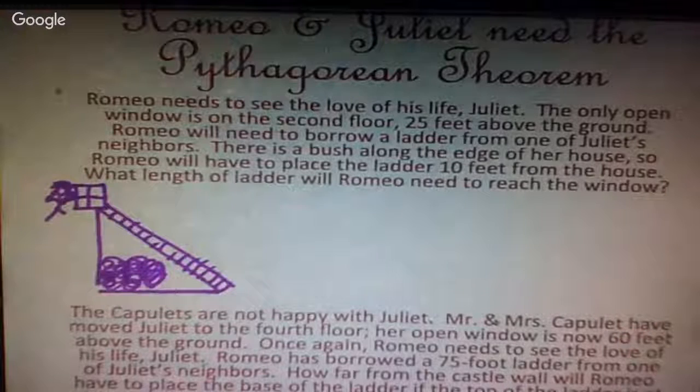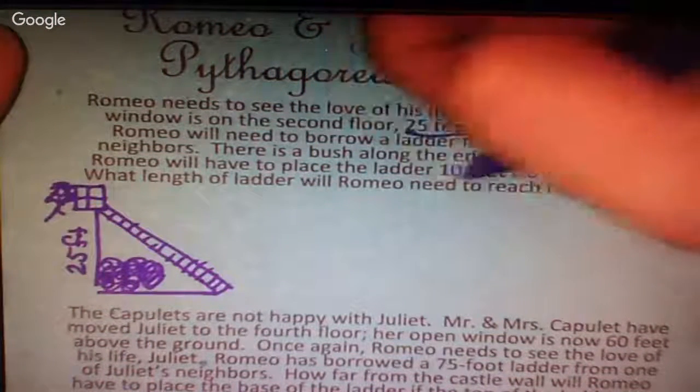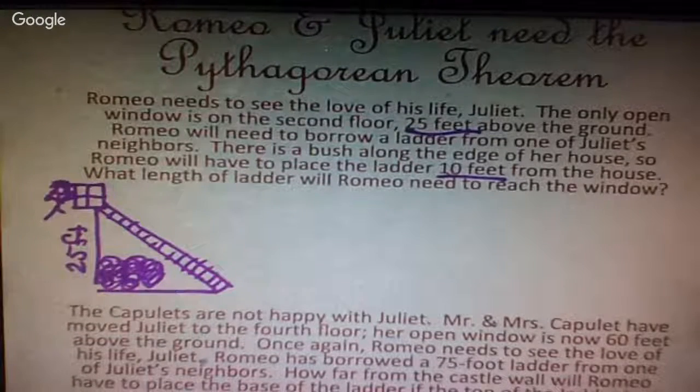So now I need to figure out, where do these numbers go? I need to label my picture. So where is 25 going? The window. That's how tall your window is, 25 feet. They also tell us 10 feet. That's the bottom.